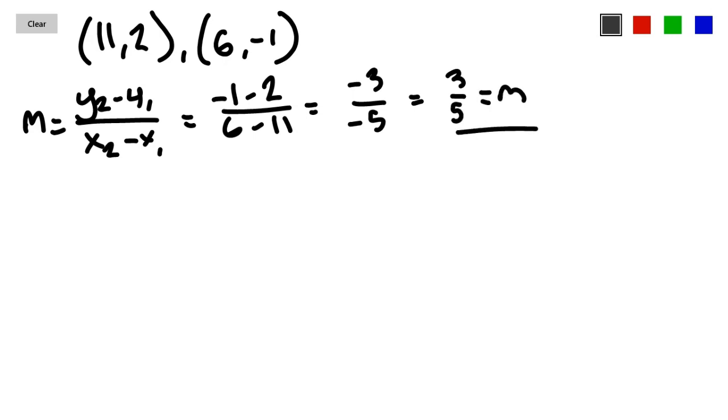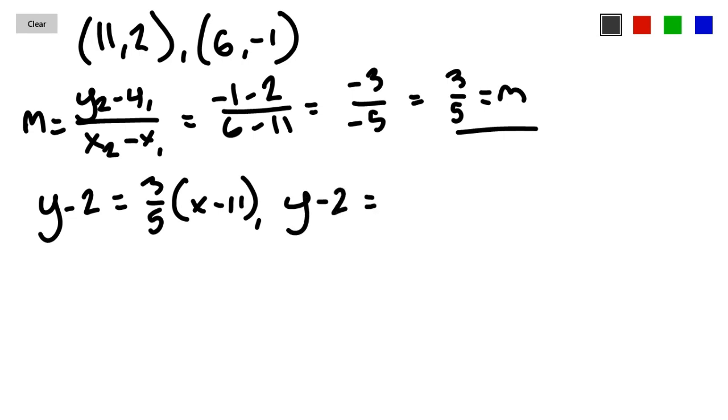And then I'm going to choose one of these points to plug into the point slope formula. And I'm going to choose the first one again. So I've got y minus 2 is equal to 3 over 5 times x minus 11. So I'm going to have y minus 2 is equal to 3 over 5x minus 33 over 5.